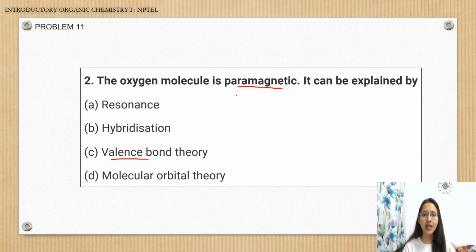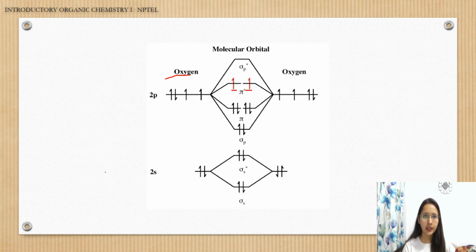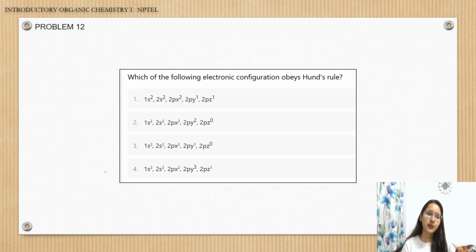It is justified by molecular orbital theory rather than resonance, hybridization, or valence bond theory. So these three things are not going to tell you about paramagnetism or diamagnetism. It is molecular orbital theory which will be able to tell you the paramagnetism or diamagnetism in a molecule. Okay, is it clear to all of you why molecular orbital theory is dictating the paramagnetism?